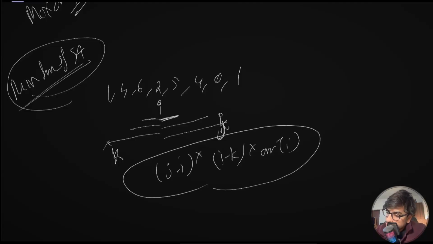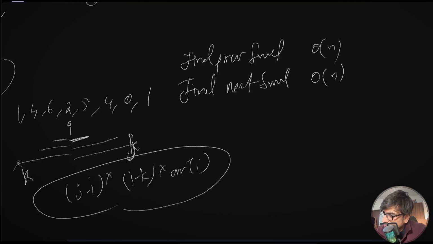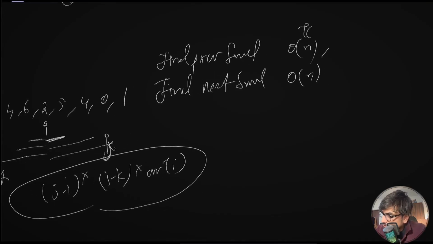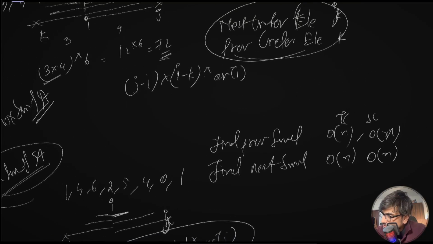What I need to solve this question is to find the previous smaller and the next smaller, and all this can be done in O of n using a stack. We already know that the time is O of n and the space is also O of n. So we're going to code all this.